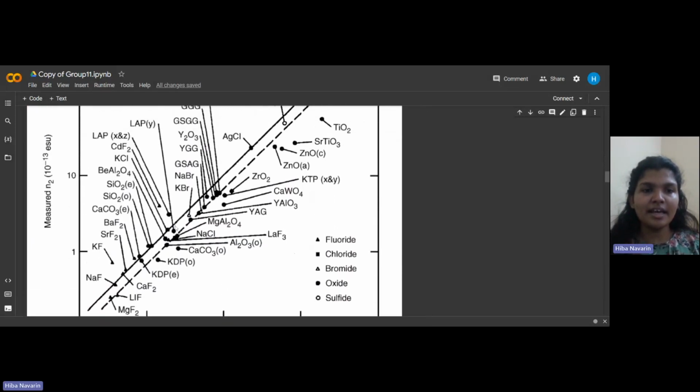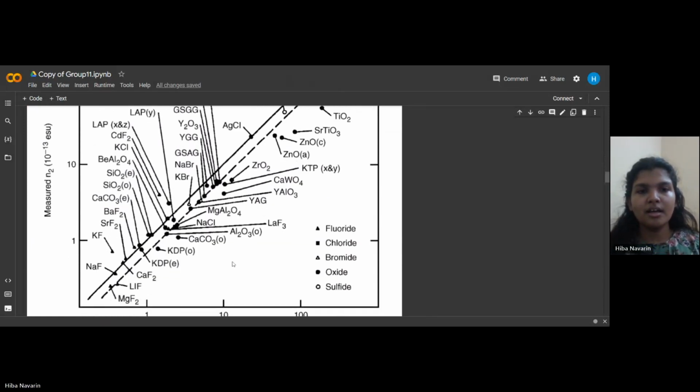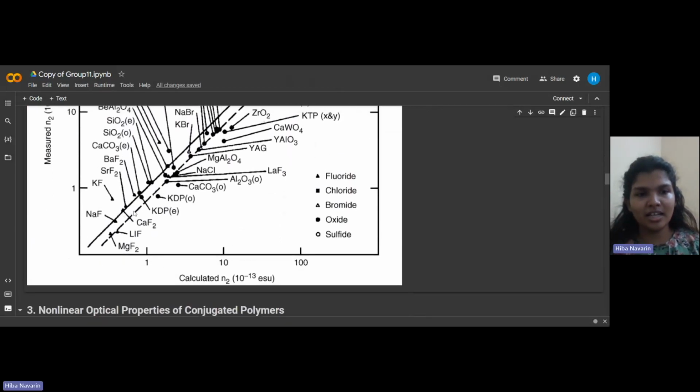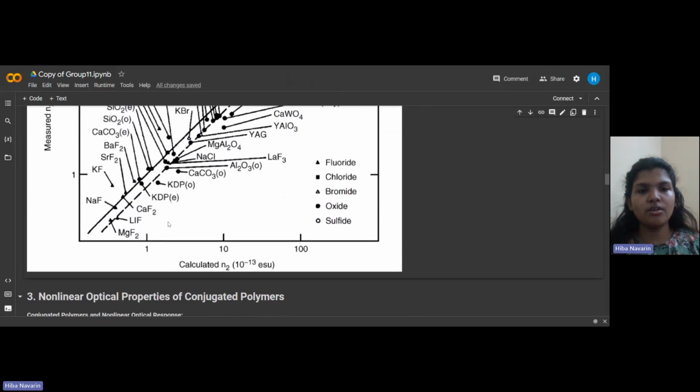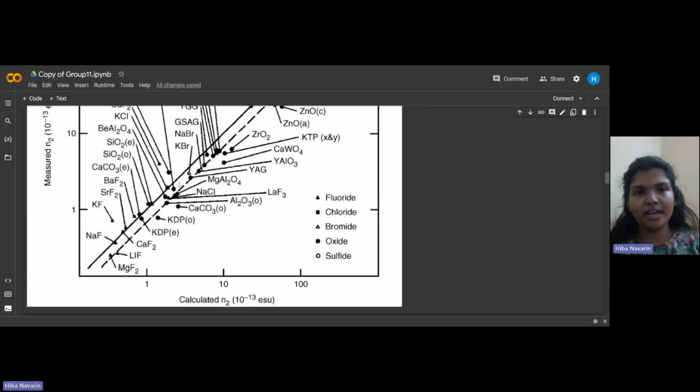You can see there is just a small difference in the values, and these are mostly ionic compounds. So there is only a slight deviation, and it is almost following. It is just a slight difference in value, but the graph does not seem to be deviating much.